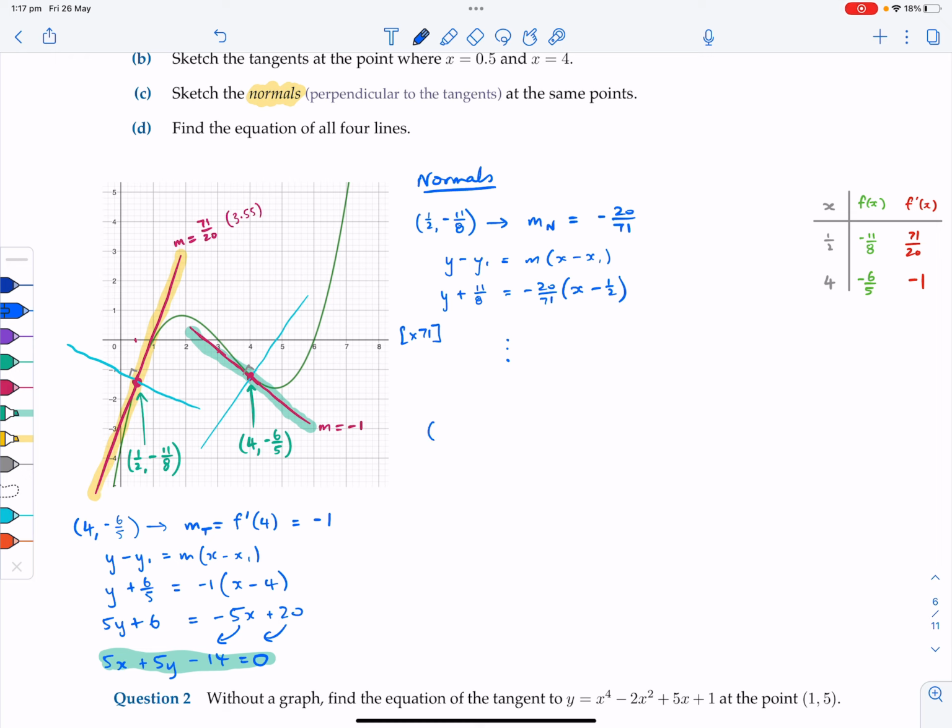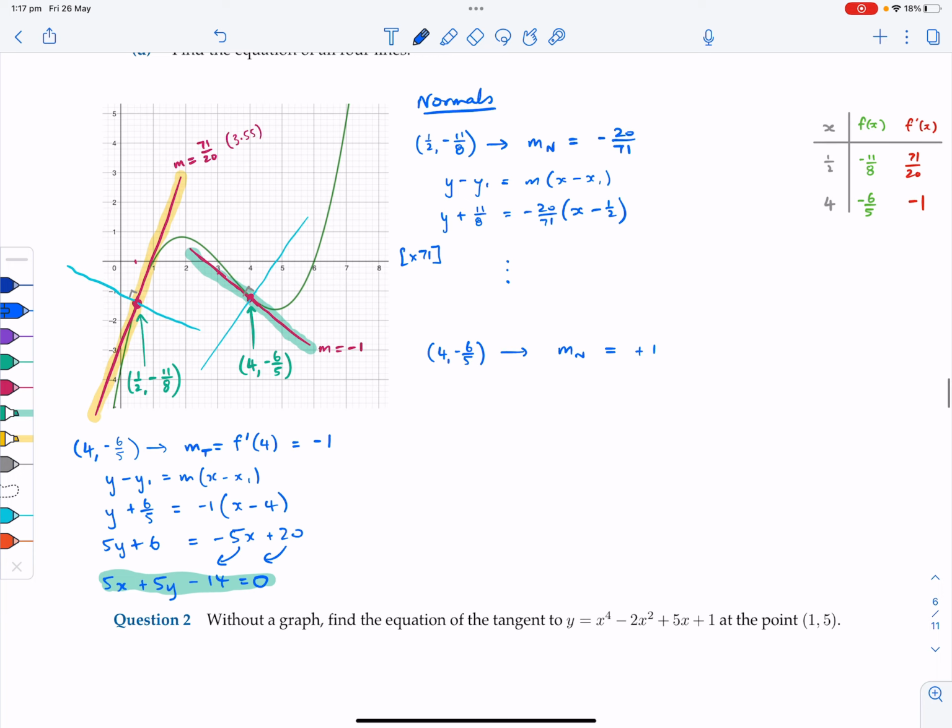And then the other one, so 4 and negative 6 over 5, right? The gradient of the normal is the negative reciprocal of negative 1, which is positive 1. So once we know the gradient of the tangent, then we just easily get the gradient of the normal. That's the point here. Right, y minus y1 equals m, x minus x1. So y plus 6 over 5 is 1 times x minus 4.